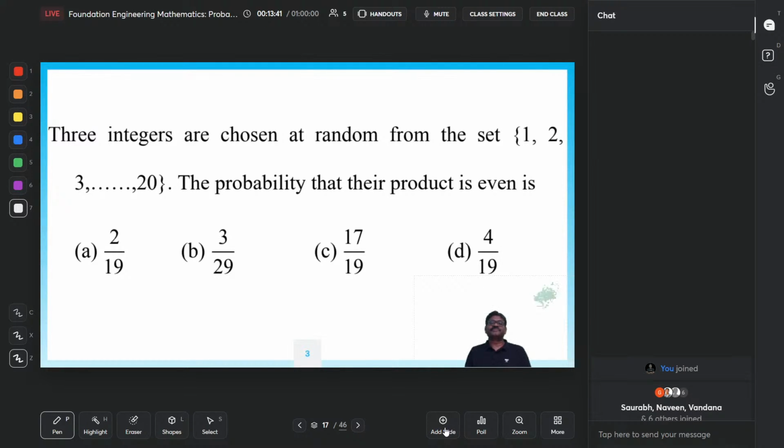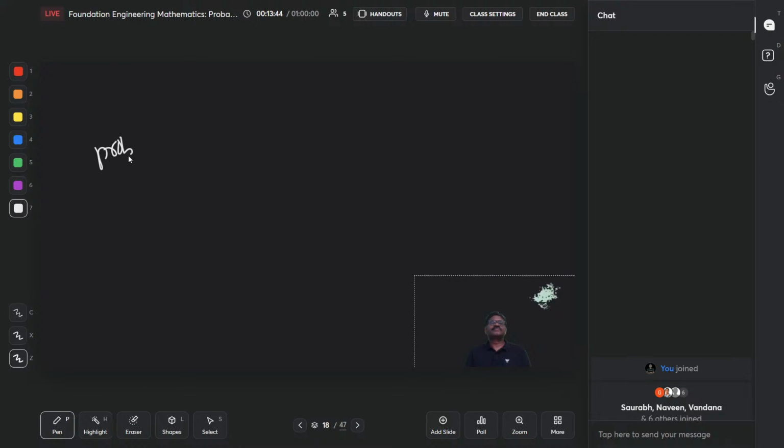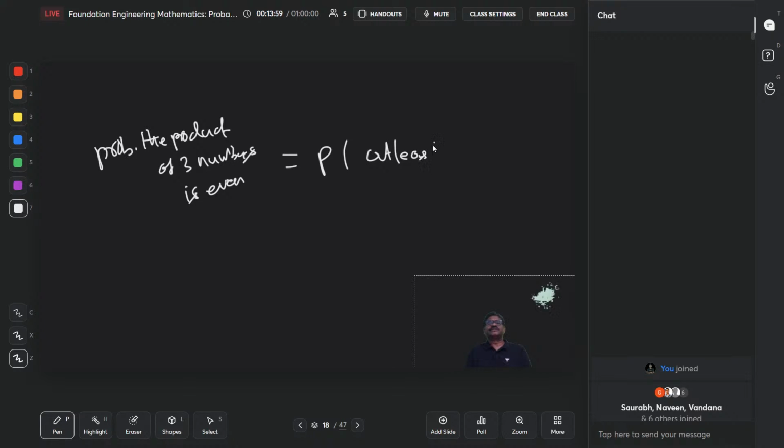That's why the probability that the product of 3 numbers is even is nothing but the probability that at least one of the numbers is even. If one of the numbers is even, that is nothing but 1 minus the probability of none of them being even.